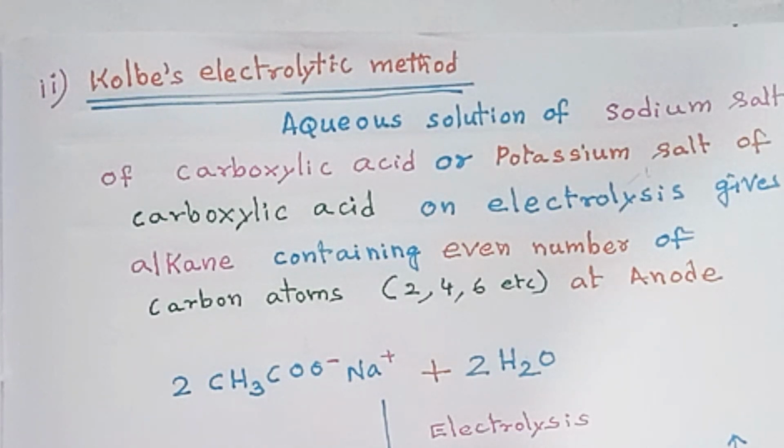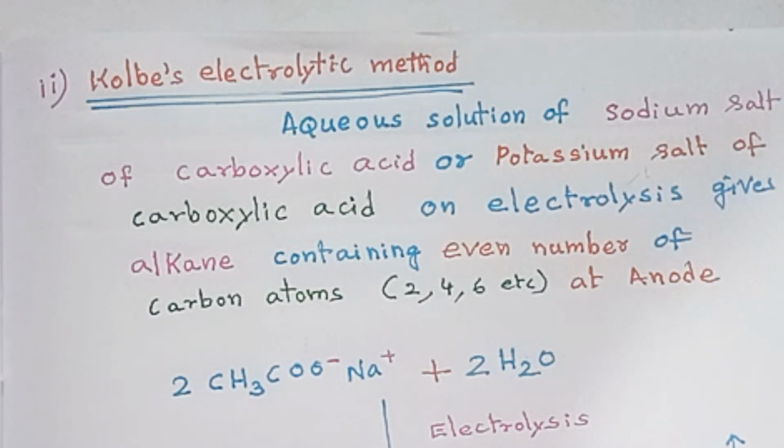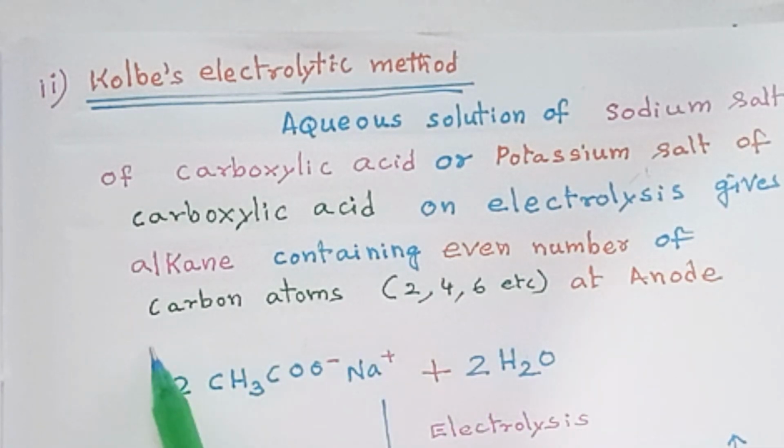This is ethane. This is an even number of carbon atoms in the alkane because 2 carbon atoms are there. Also 2 carbon dioxide moles, 2 NaOH, H2 gas. This is the total reaction.